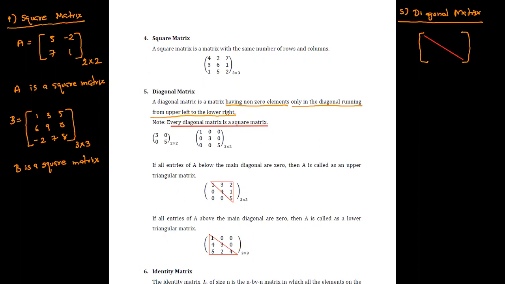What is meant by the main diagonal is the diagonal running from the upper left of the matrix to the lower right of the matrix.